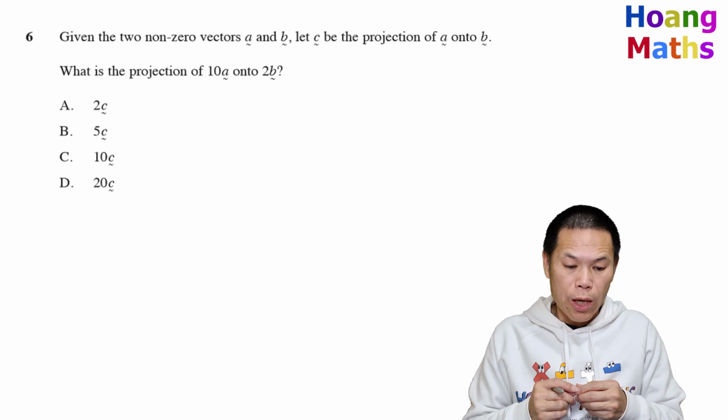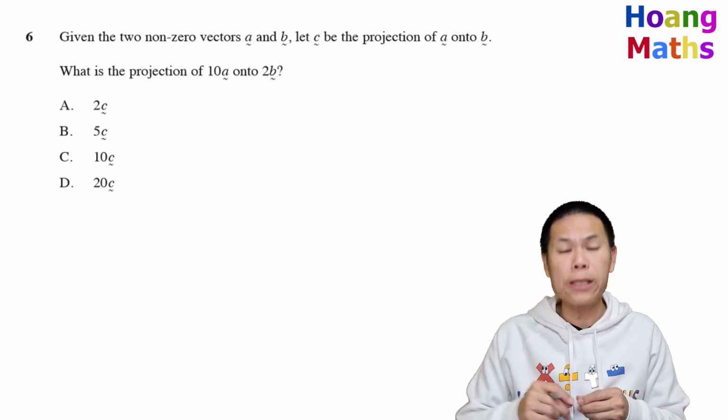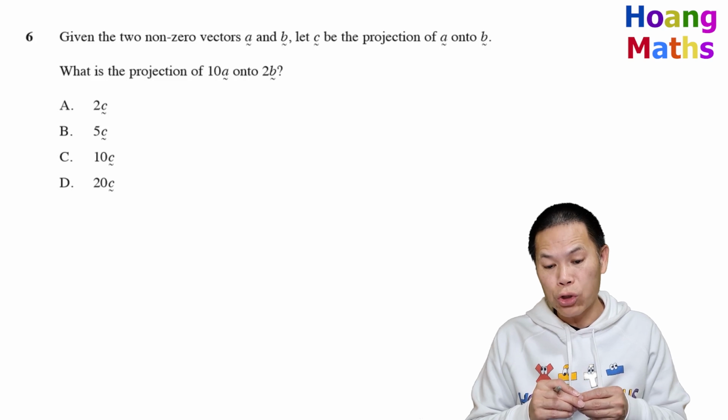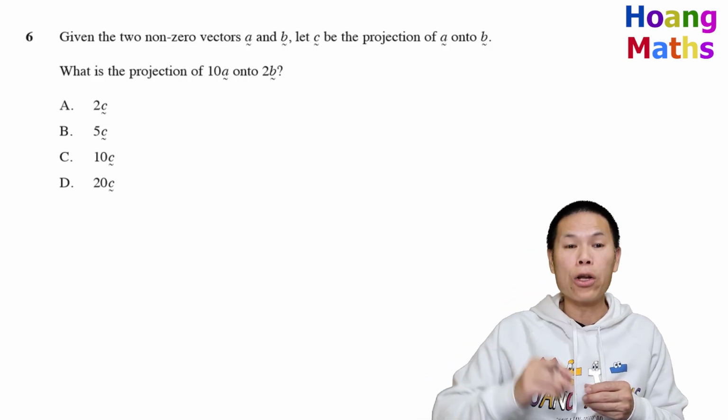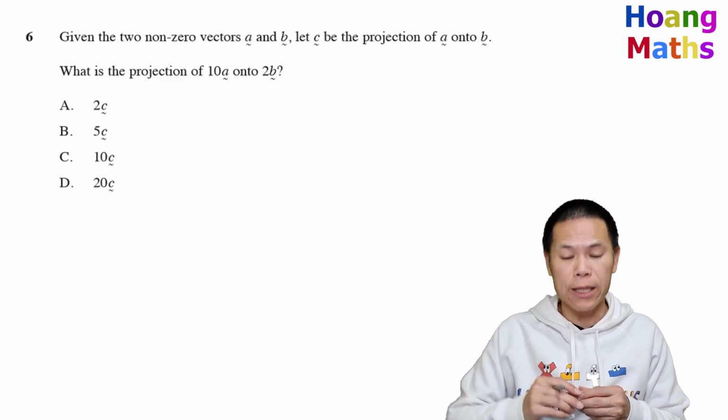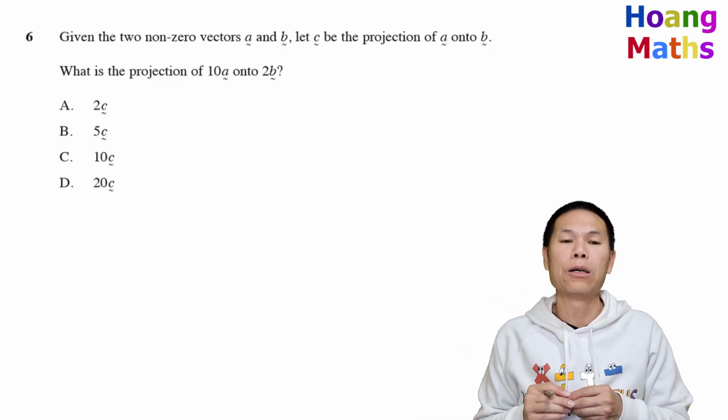Question 6. Given the two non-zero vectors A and B, let vector C be the projection of vector A onto vector B. What is the projection of 10 vector A onto 2 vector B?